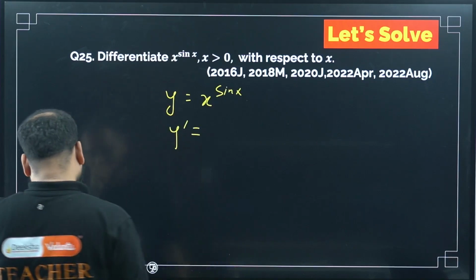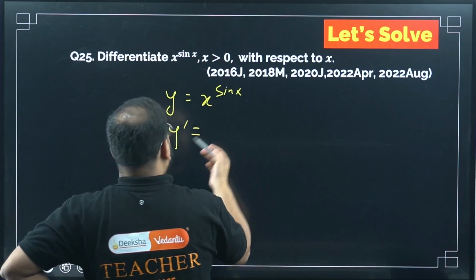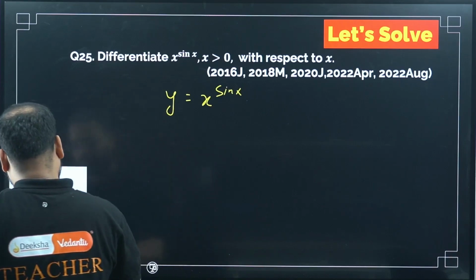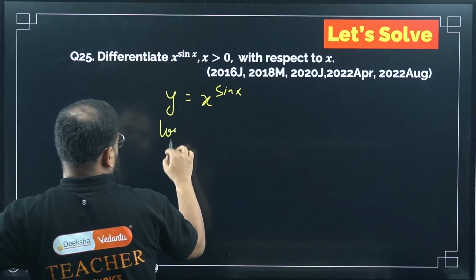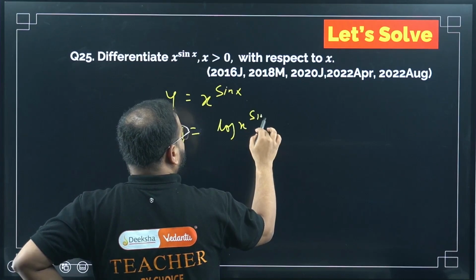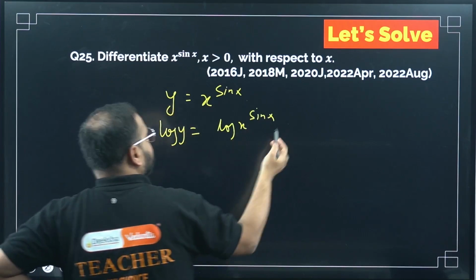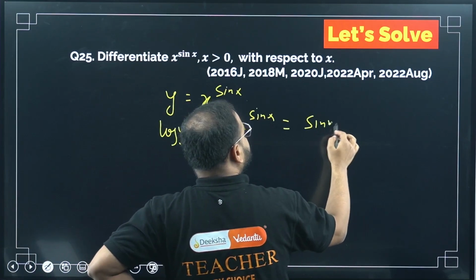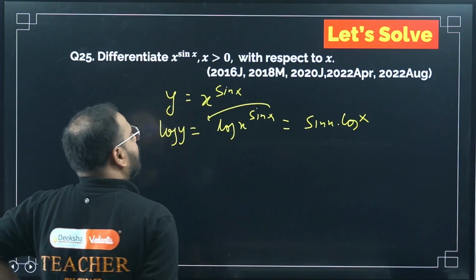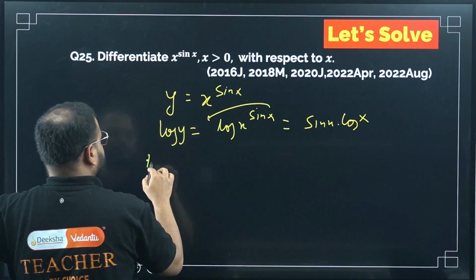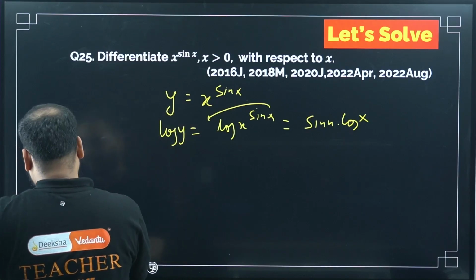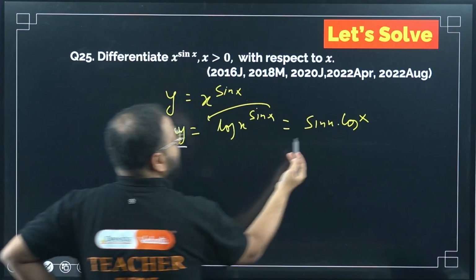Before that, I forgot my statement: apply log on both sides. If I apply log, sin x will come in front. So I have log y equals sin x log x.